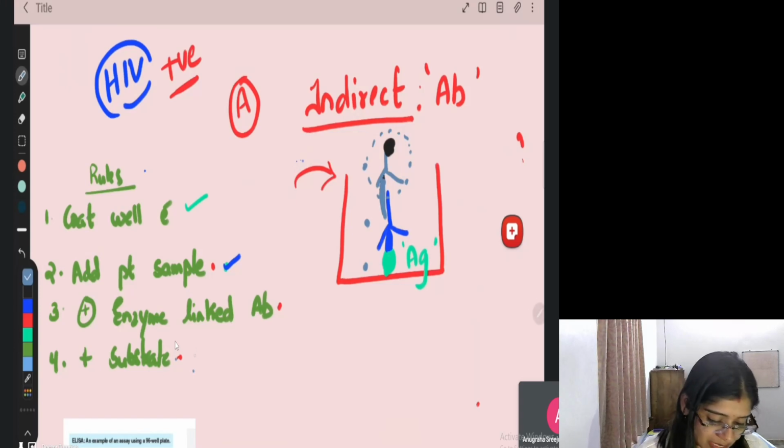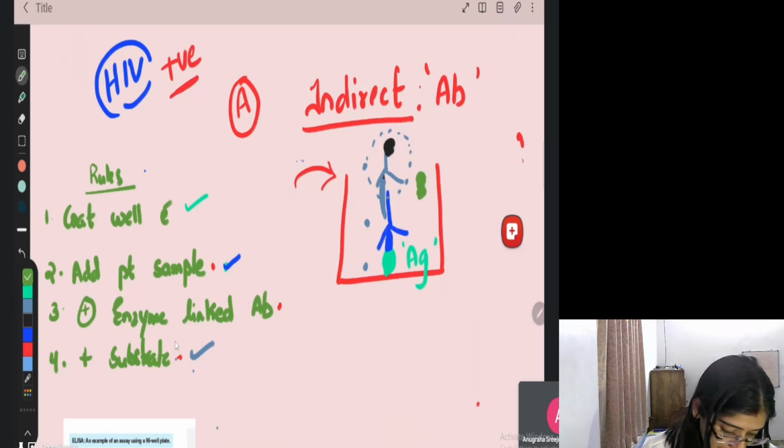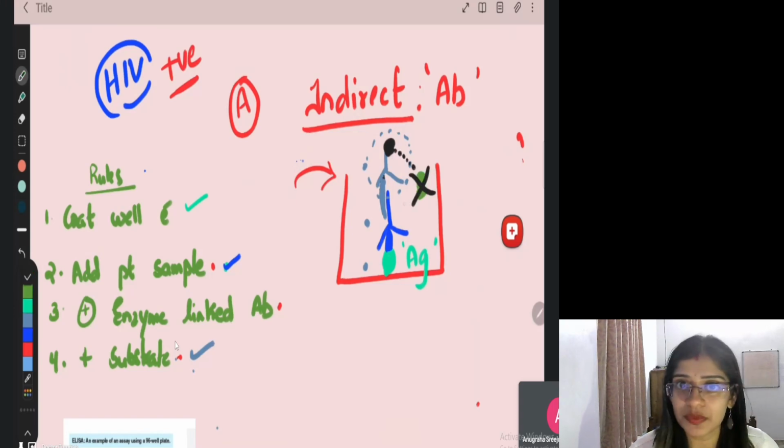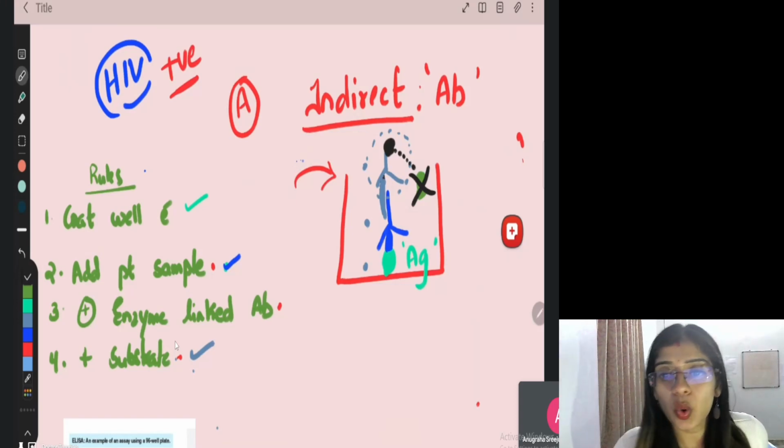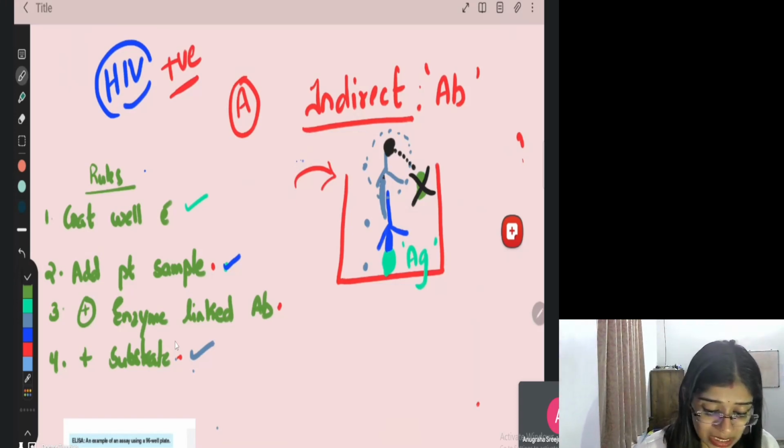And what is the fourth step? Add a substrate. I am adding a substrate. So what will this enzyme do, guys? This enzyme will go and break the substrate, and once the substrate is broken, it will produce a product which is colored.